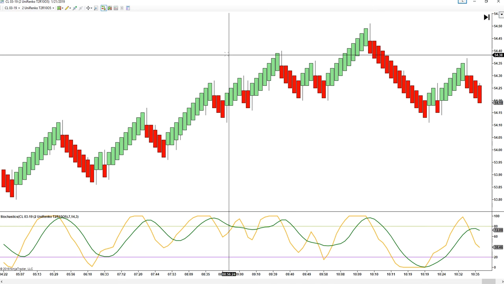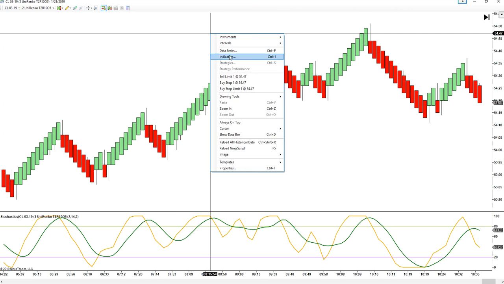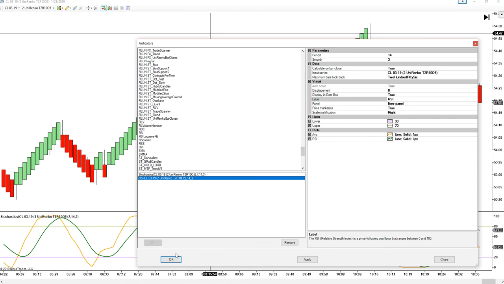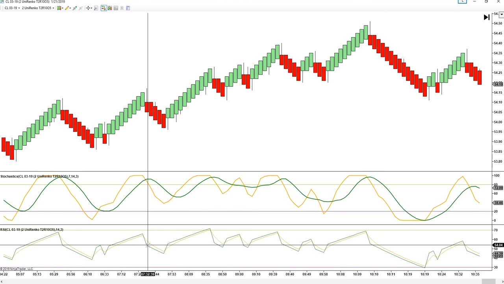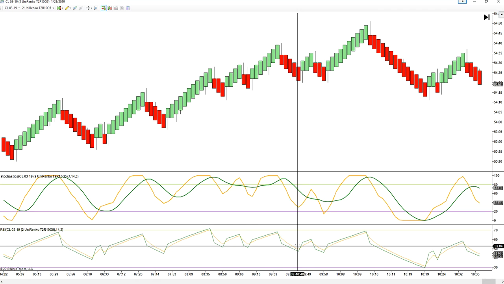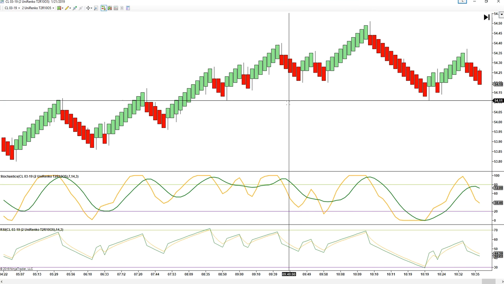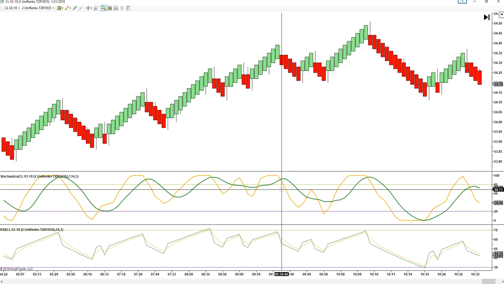Now, what's very commonly used instead of stochastic, and we're going to compare them, is RSI, which is relative strength. And that is also an oscillator. It is simply a slightly different formula comparing the close to the high or the close to the low.